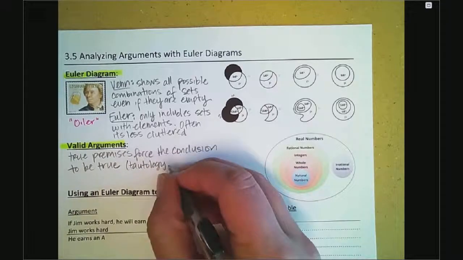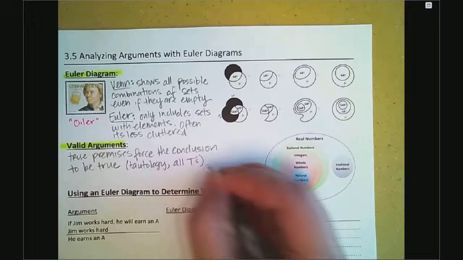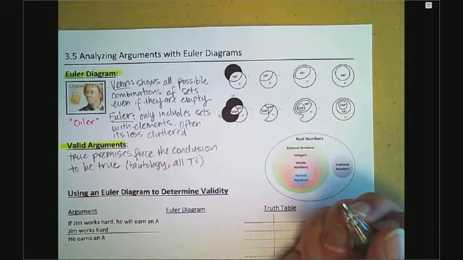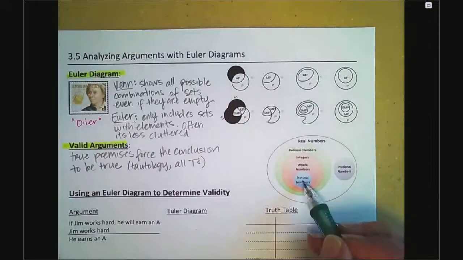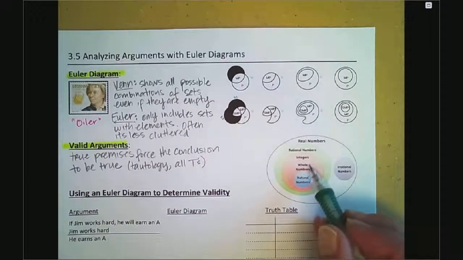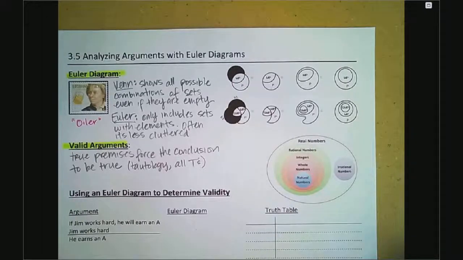With Euler diagrams, there's going to be no ambiguity as one set is nested within the other sets. Based off of that, we'll be able to see if the argument is valid or invalid.